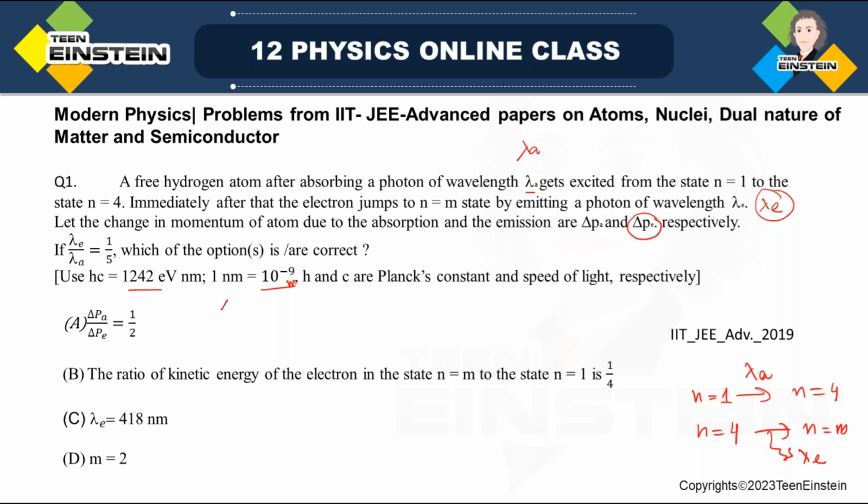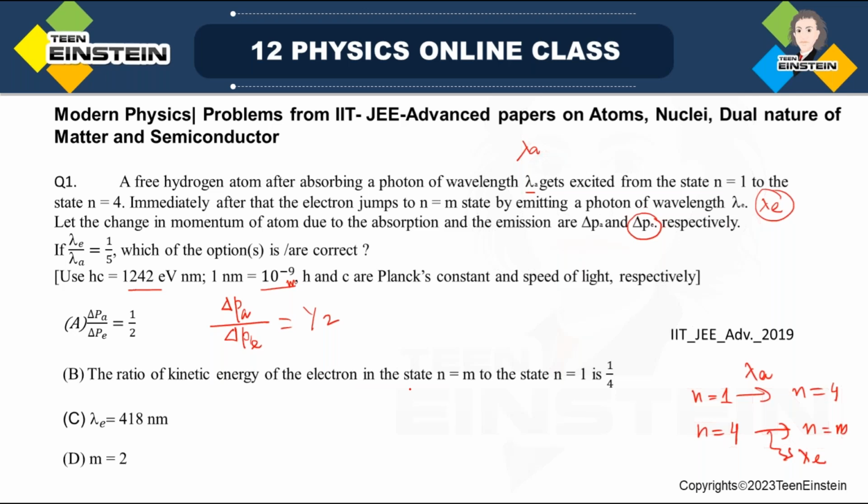The first option is the ratio of the change in the linear momentum after absorption, delta p a, and delta p e, the change in the linear momentum of the atom after emission of the radiation, which is given as half. We have to see whether it is correct or wrong.